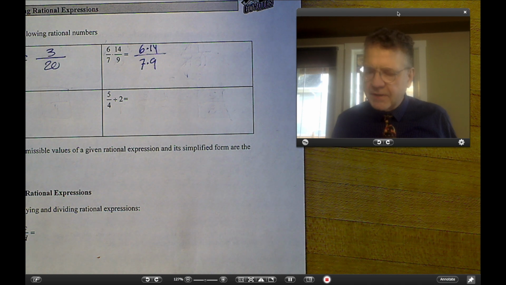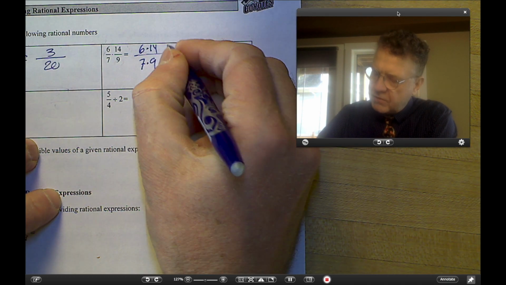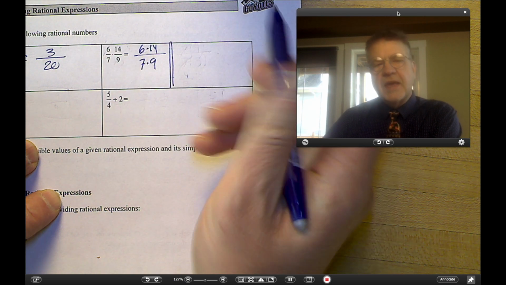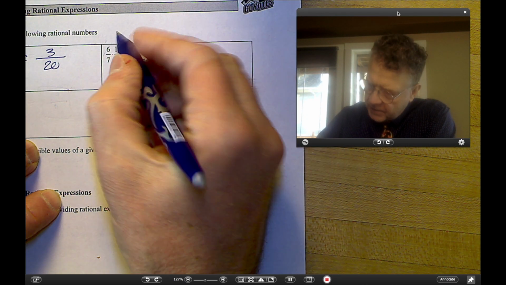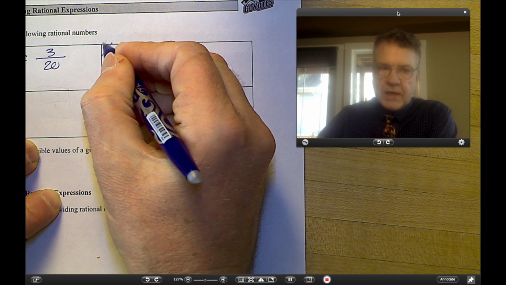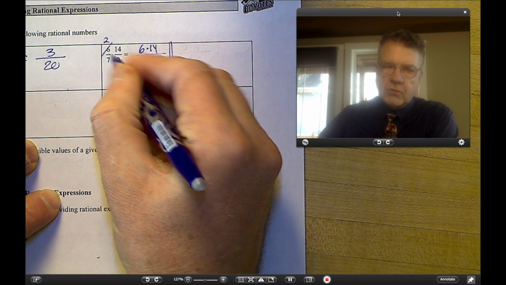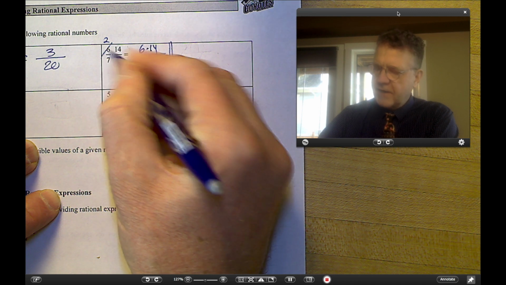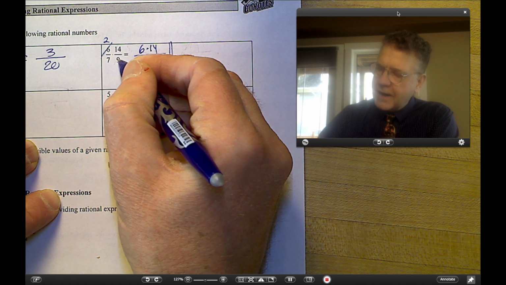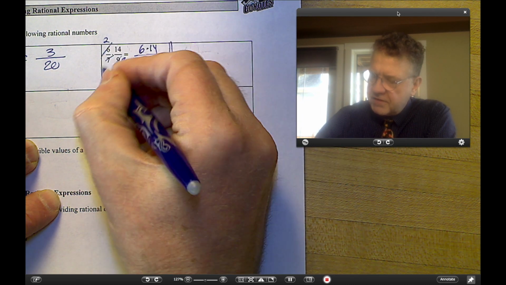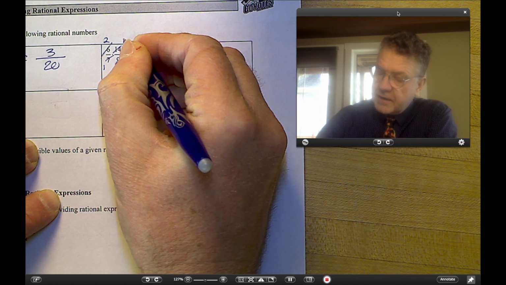But you know what, there's a simpler way to do this, and that is by doing a little bit of simplification before you do the multiplication. So you know that 3 goes into 6 twice, and if you look at the cross part of the fraction, 3 goes into 9 3 times. Likewise, 7 goes into 7 once, and 7 goes into 14 twice.